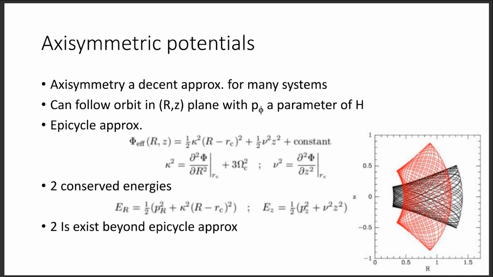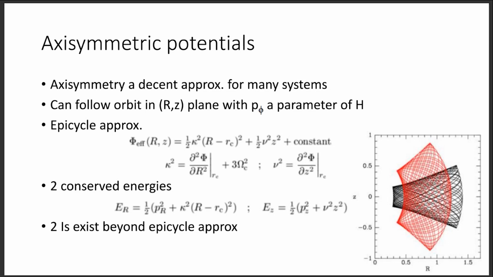And this was first done in the 1960s when electronic computers became easily available. But to this day, we don't have a procedure for determining what the constants are. This clearly has a different constant of motion from this orbit. These 2 orbits are clearly confined by 3 constants of motion.